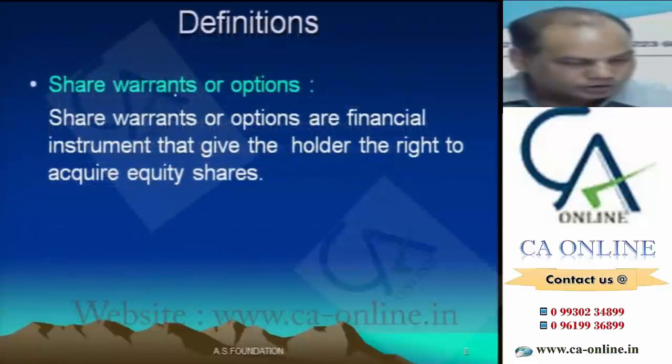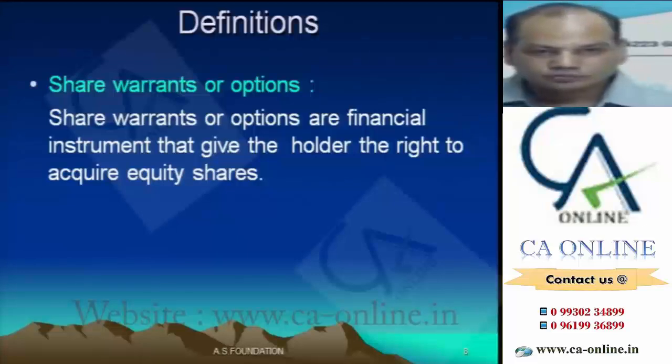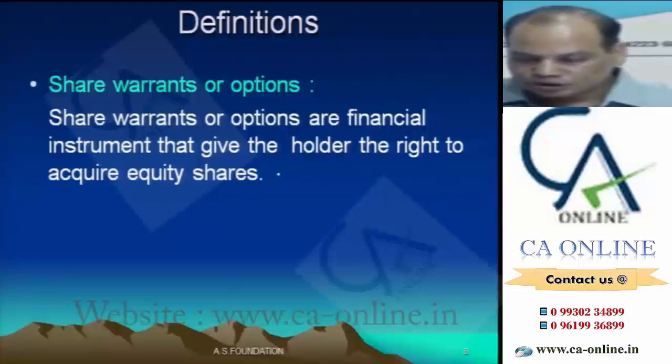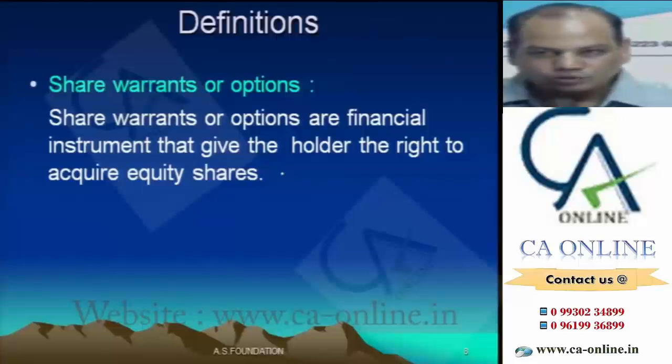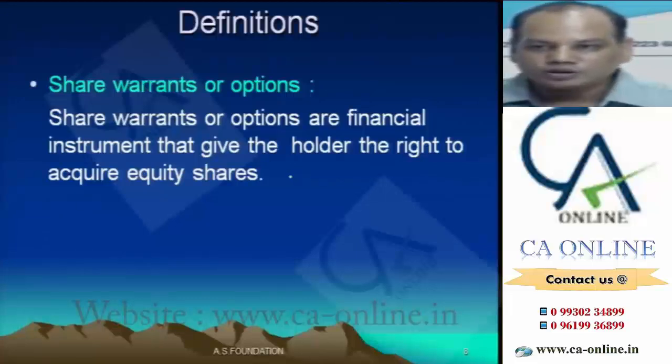Next is what is a share warrant or an option? Share warrant or options are financial instrument that gives the holder the right to acquire the equity shares. So that means share warrants or options are potential equity shares.